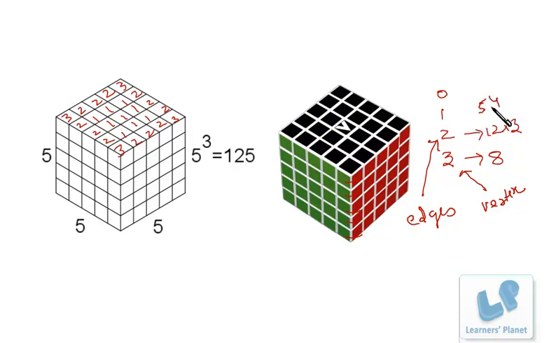So 54 cubes will have one face painted. Now out of the total 125, if you deduct everything, you'll get 0 sides painted. That means the cubes which have none of their faces painted. So that's 27.